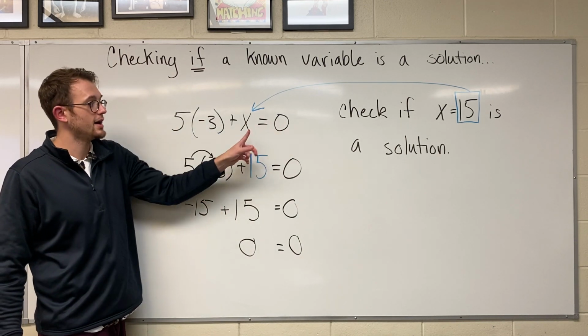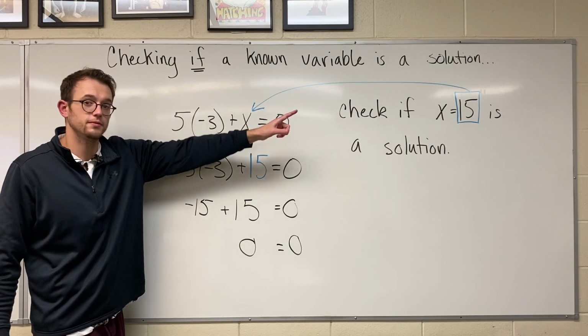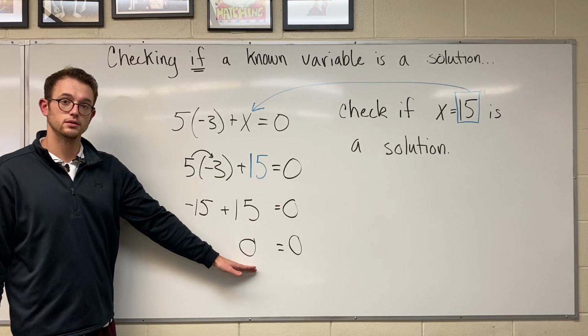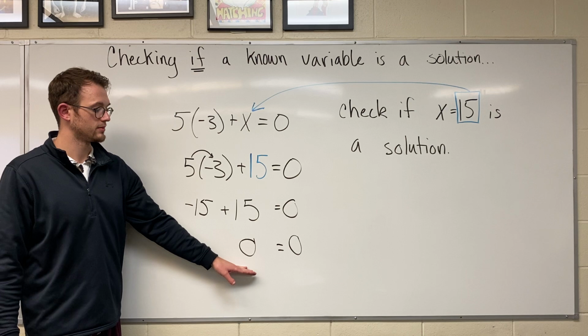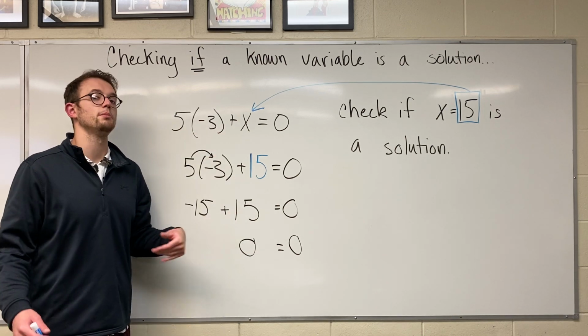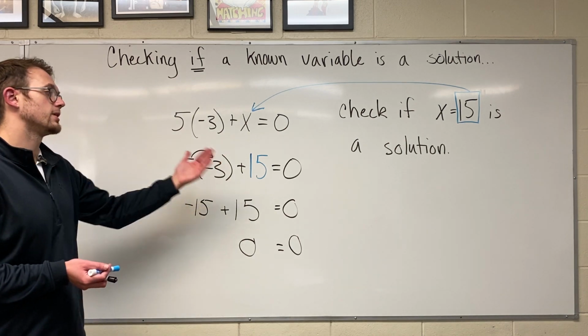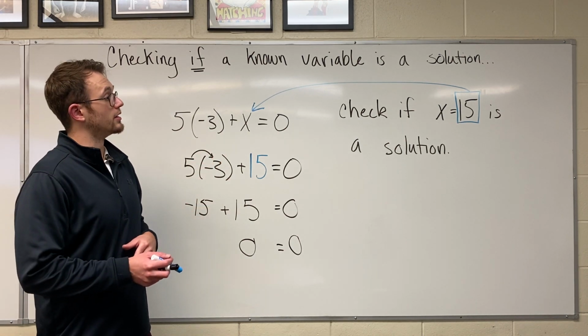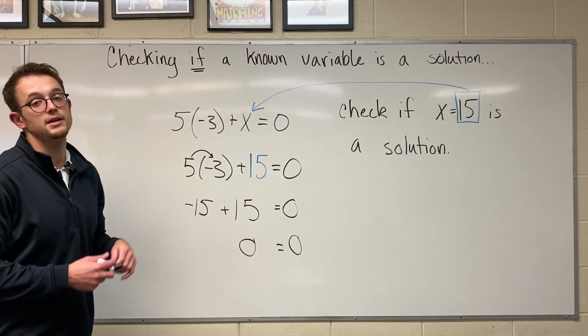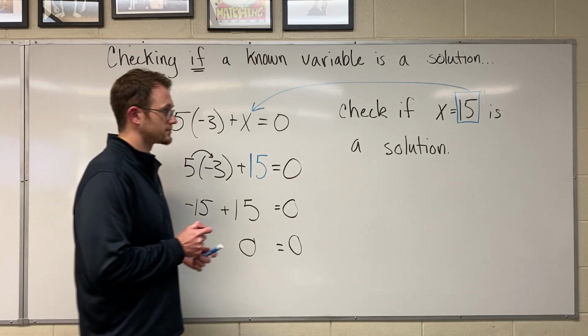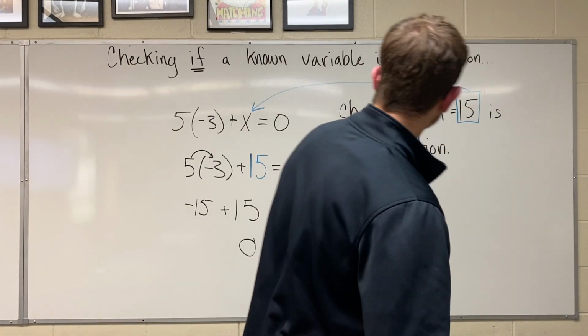Yes, because when I substitute -3 in for x, it works. That is a solution. It's what makes the left side and the right side equivalent. All right, so x equals -3 is a solution. Let's do another one.